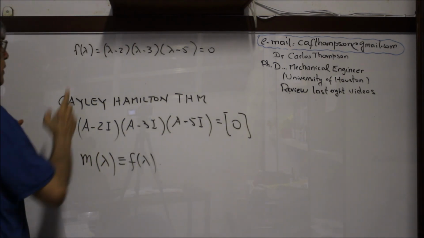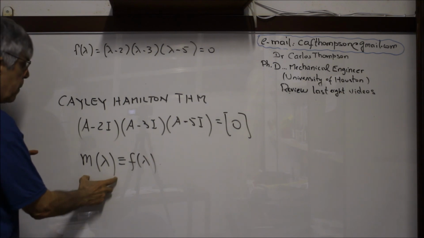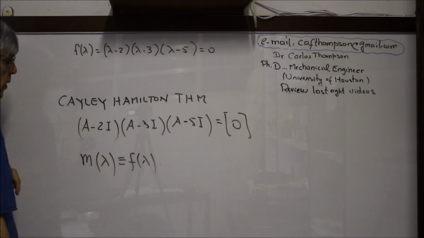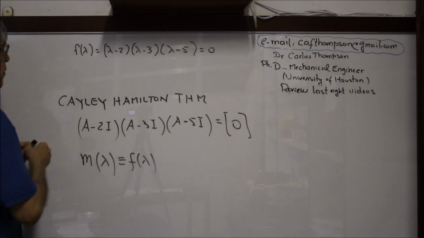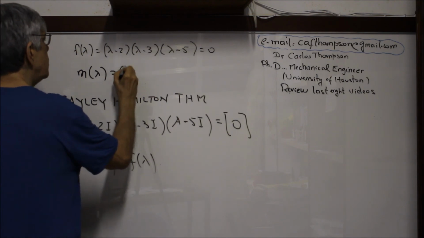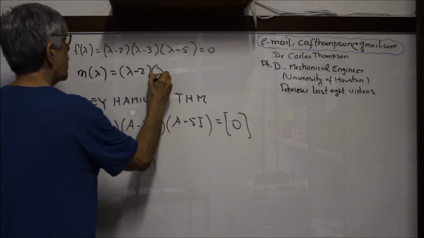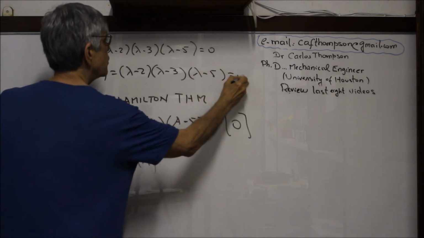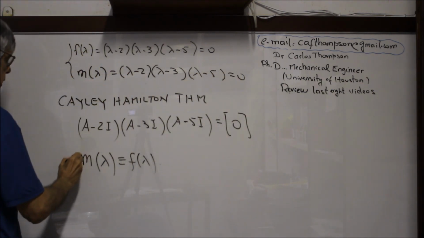And then in this particular case, the minimum polynomial coincides with the characteristic polynomial. So we have here m of lambda is equal lambda minus 2 times lambda minus 3 times lambda minus 5 is equal to 0. They coincide, okay, here.